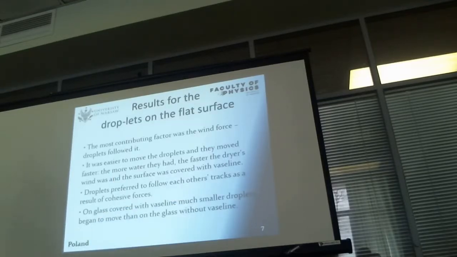Okay, and the results are here, and it was easier to move the droplets when they were on a glass with Vaseline. Also, on a glass with Vaseline, smaller droplets, which weren't moving on a pure glass, were moving. So we see this is an important factor.